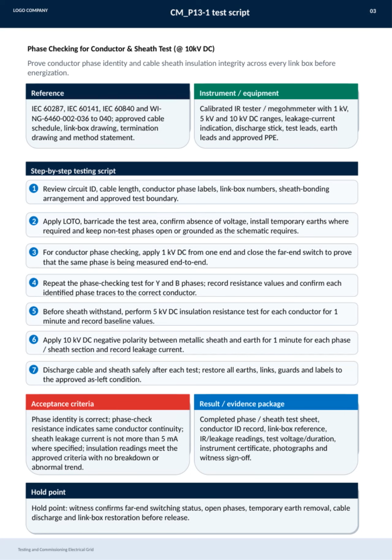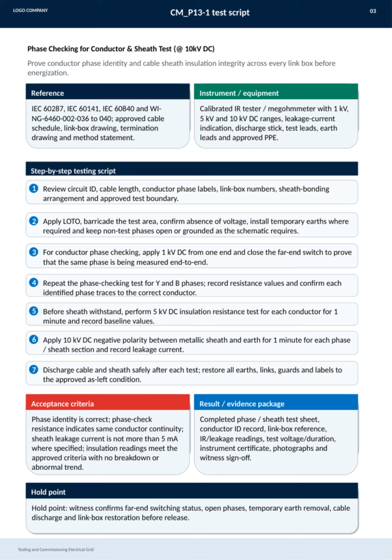On this slide, we focus on phase checking for conductor and sheath testing at 10 kV DC before energization. The goal is to verify conductor phase identity and ensure cable sheath insulation integrity across every link box. This is critical to guarantee safe and reliable operation of the electrical grid.